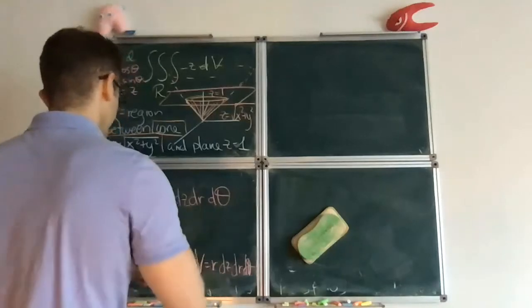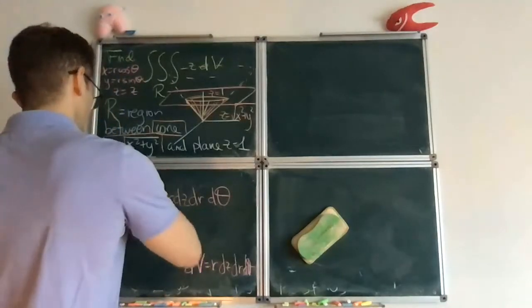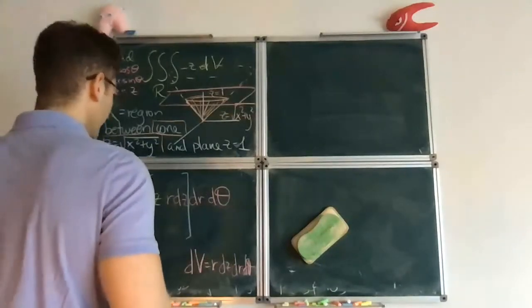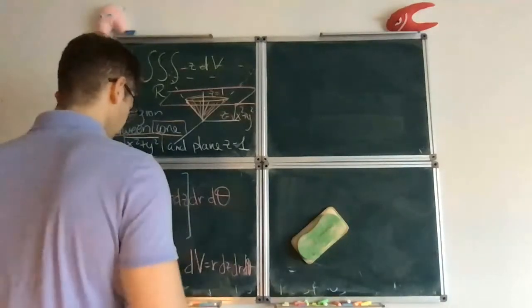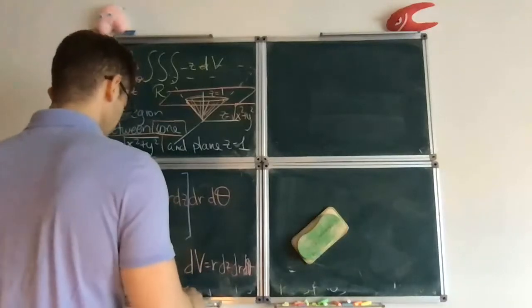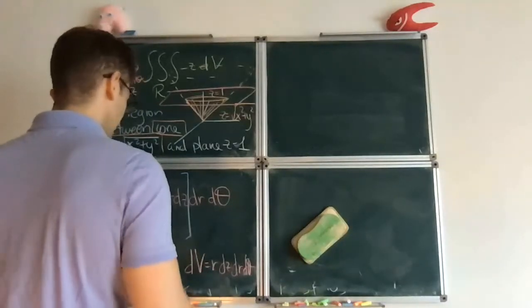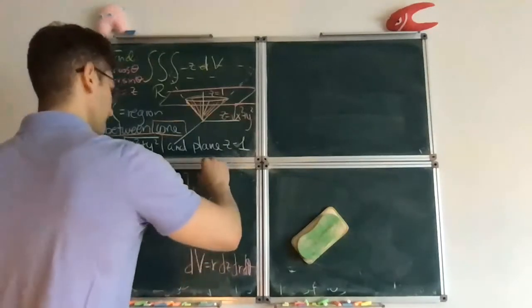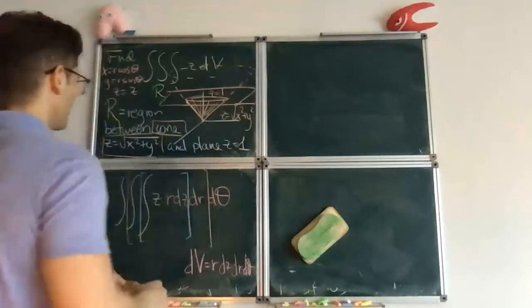So in this case, we're going to do this integral first. And then we're going to do the one in the middle. And then we're going to do the last one. Okay?